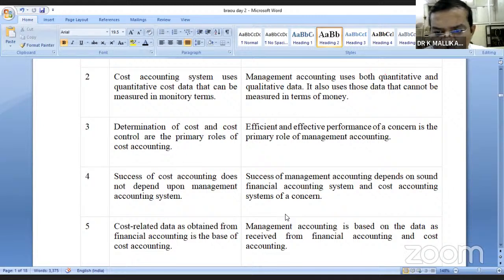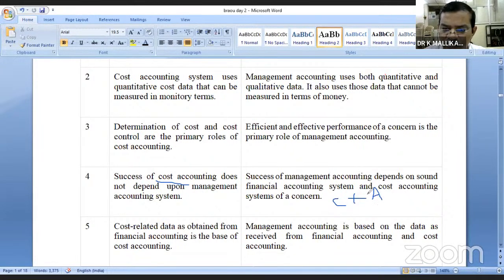Whereas management accounting depends upon a sound accounting system as well as a cost accounting system. Management wants to know both cost data plus account data; they require both. Cost accounting considers only cost data and won't consider financial data.